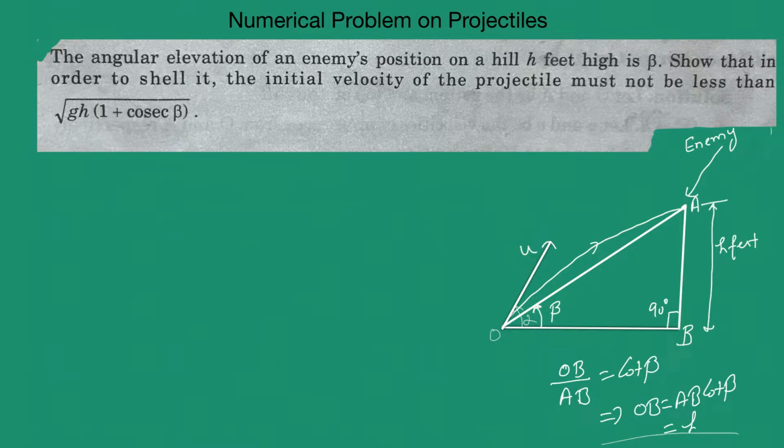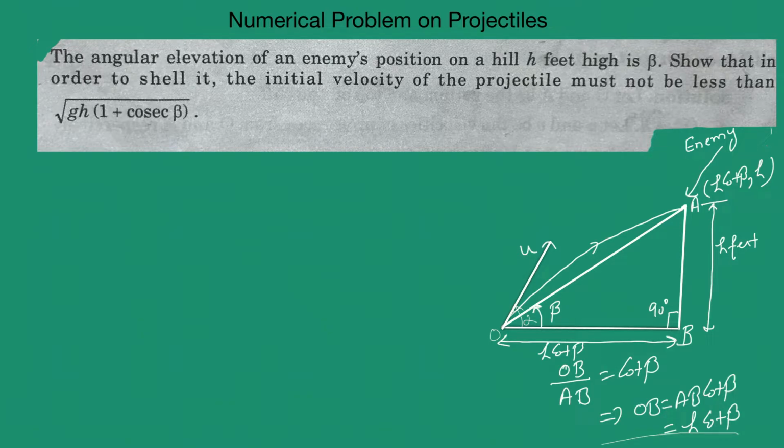So AB is h cot beta, and this distance from the origin is h cot beta. So the coordinates of this point are (h cot beta, h).